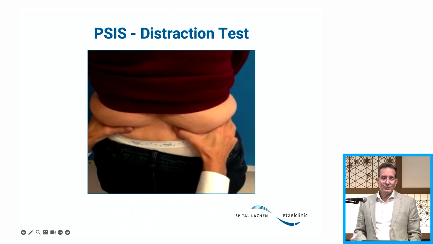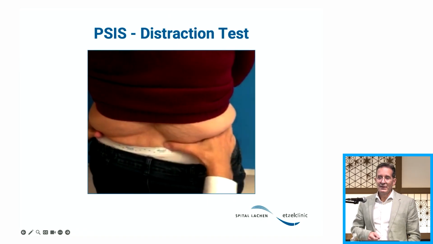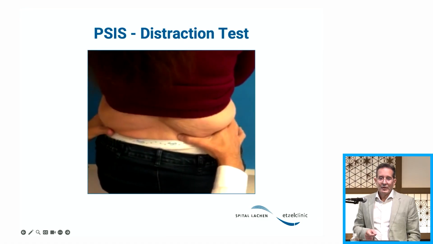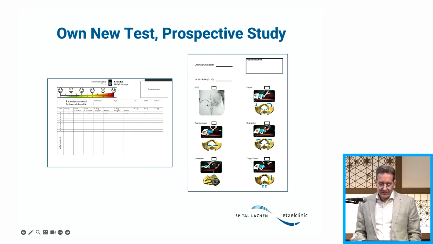While people sometimes know if you do a Lasègue straight leg raising test, they know when to scream. With this one, they can't fake it. So the problem was this PSIS distraction test was not validated. So we conducted a study to validate this test against all other tests.